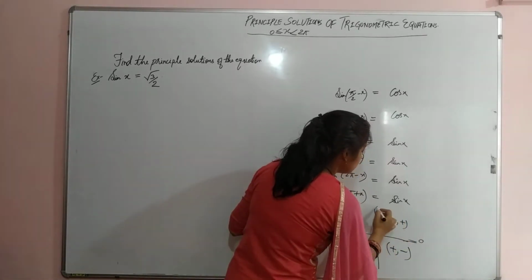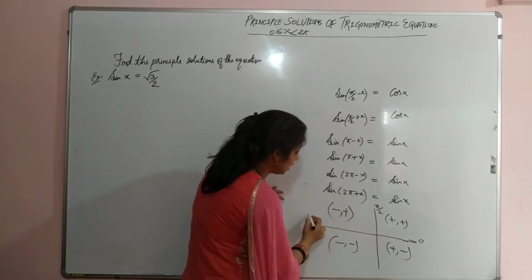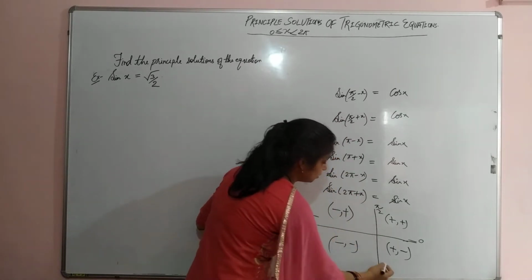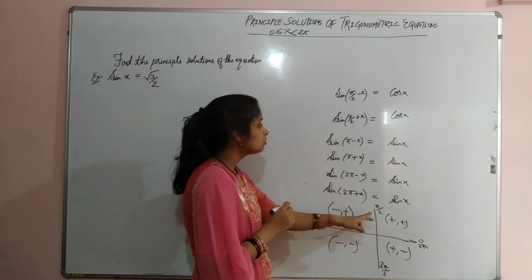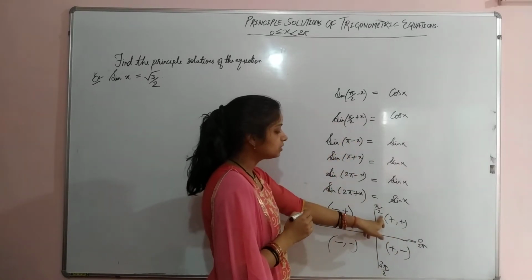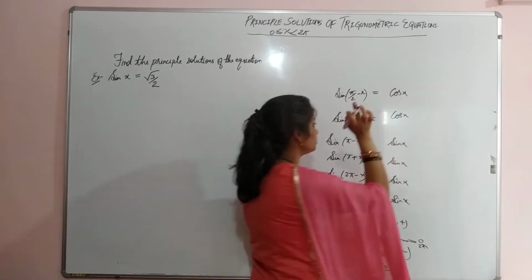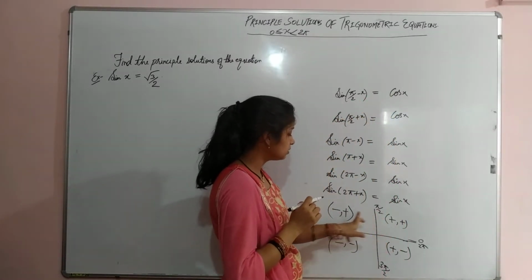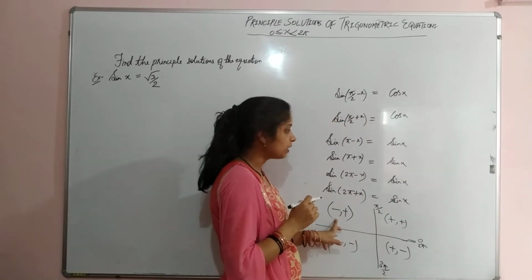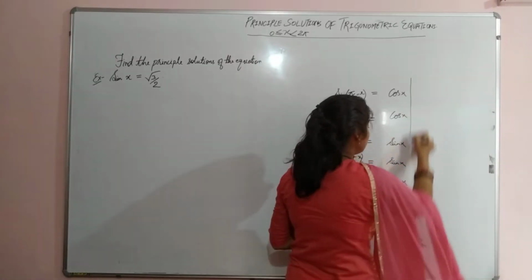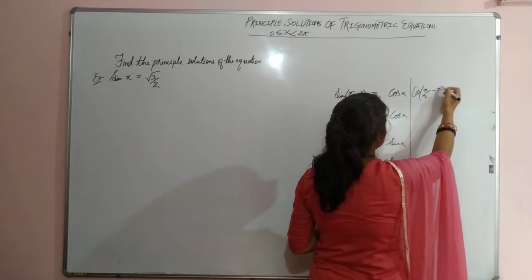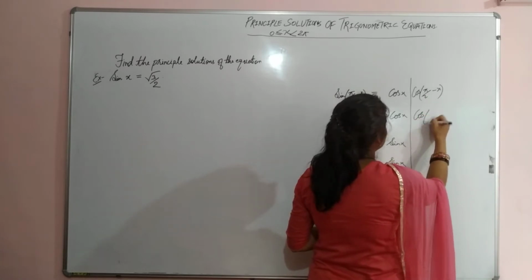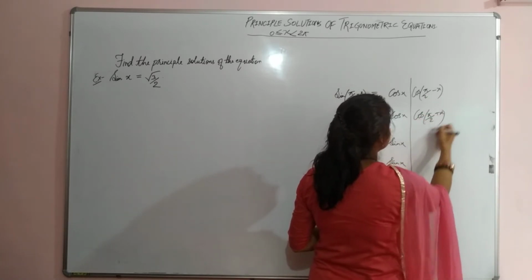This is 0 degree, this is pi by 2, this is pi, this is 3 pi by 2 and then again 2 pi. Clear? So pi by 2 minus x is in the first quadrant, where it is positive. Pi by 2 plus x, let me write one more for cos also, then we will start solving our question.